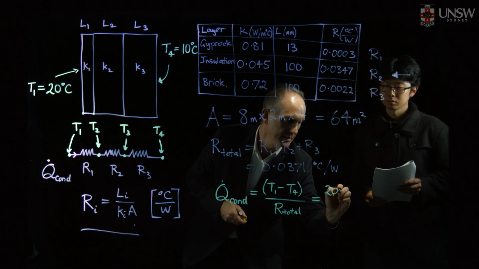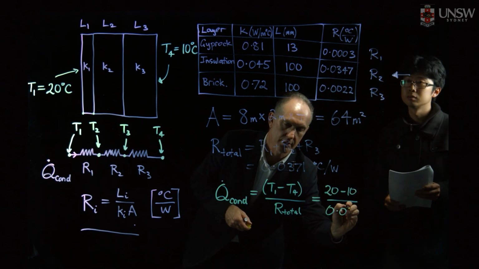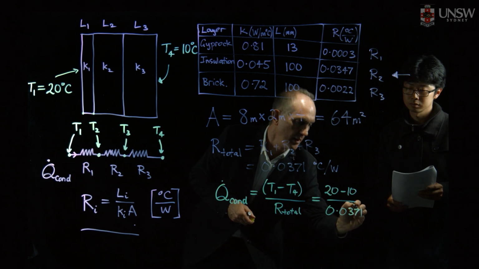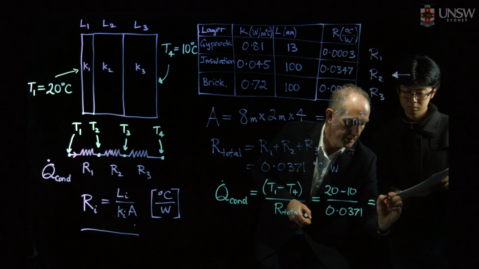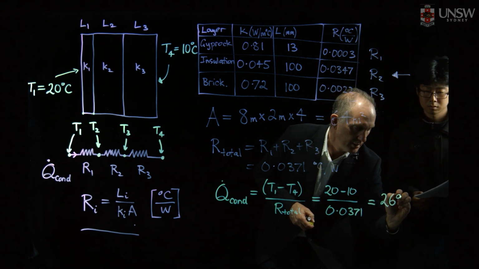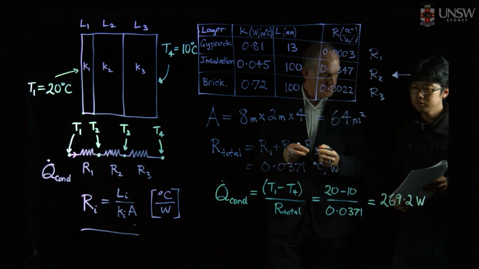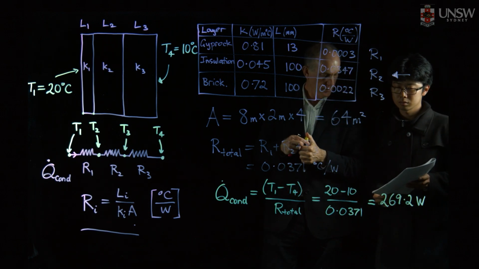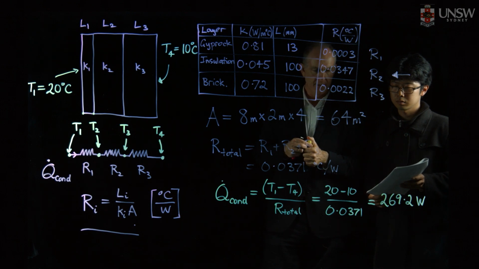So that's 20 minus 10 on top of 0.0371, and that will give us 269.2 watts. And that's the total amount of heat going out through our wall.